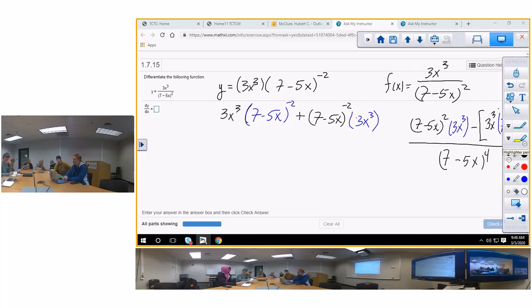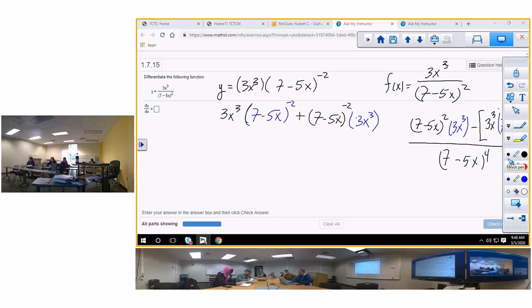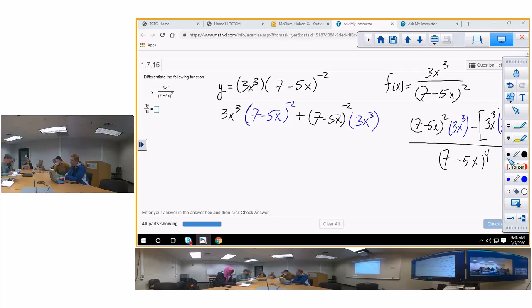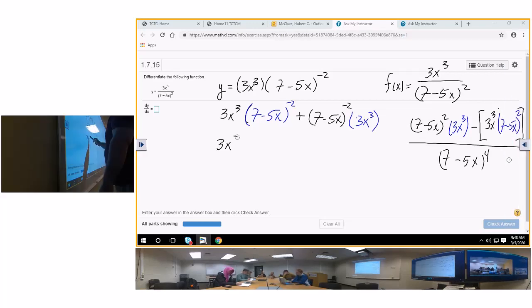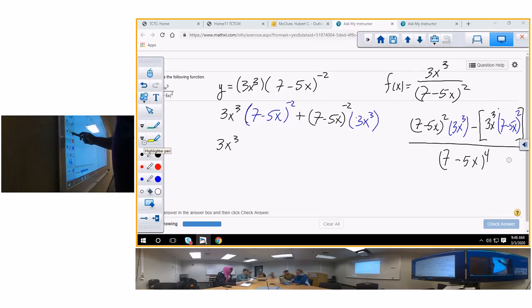Now let's take the derivatives. So we got 3x to the third, and let's take the derivative with the chain rule.